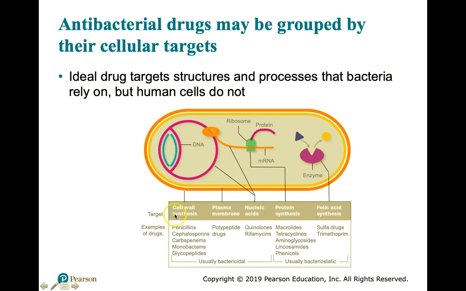So, cell wall synthesis, penicillins. Plasma membrane, polymyxin B. Nucleic acids, quinolones. Protein synthesis, tetracyclines. Folic acid synthesis, sulfa drugs. I want to make sure that it's crystal clear. Those are the ones I expect you to know for examples of each antibiotic target.